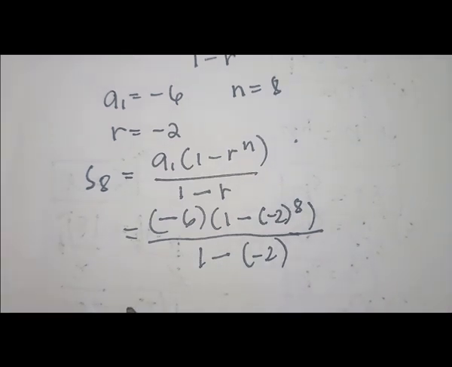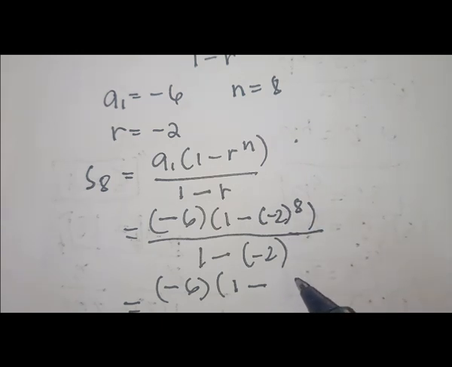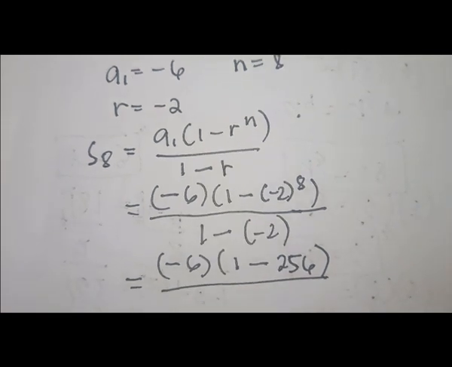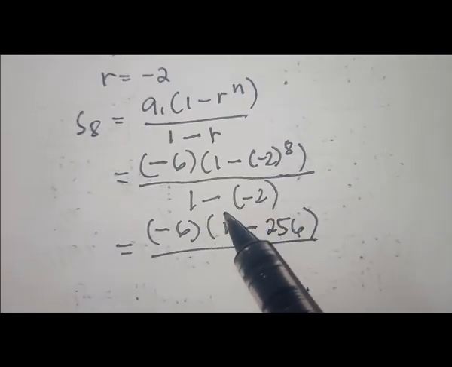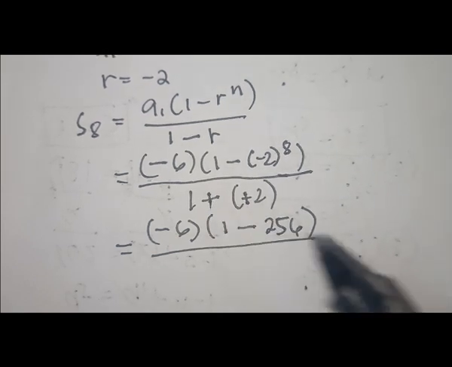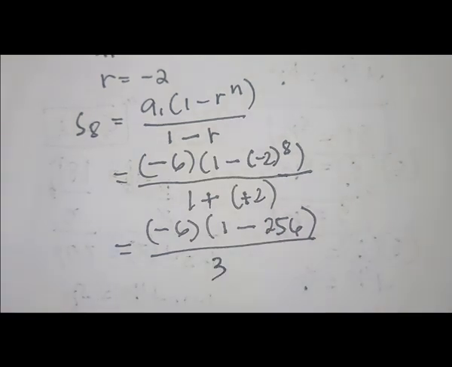Now, let's evaluate inside the parentheses. We have negative 6 times 1 minus, negative 2 raised to 8 will give you 256, over 1 minus negative 2. Unlike signs in subtraction: change the sign of the subtrahend and proceed to addition. So, 1 plus 2, you have 3.